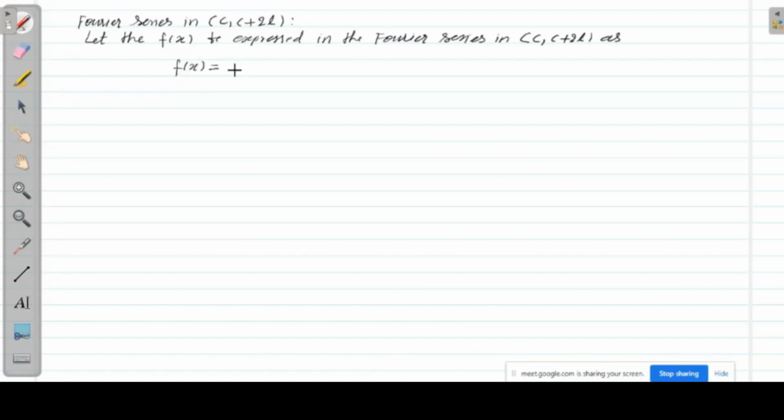So we have f of x equal to a naught plus sum running from n equal to 1 to infinity a n cos n pi x by l, and plus sum running from n equal to 1 to infinity b n sin n pi x by l.